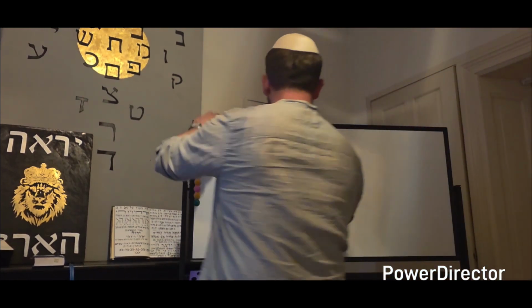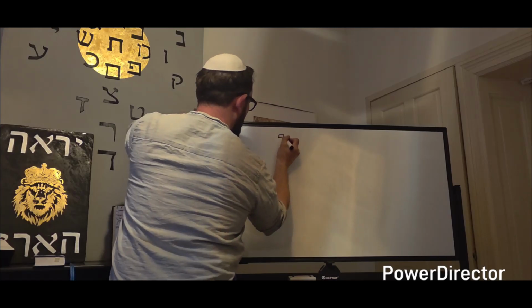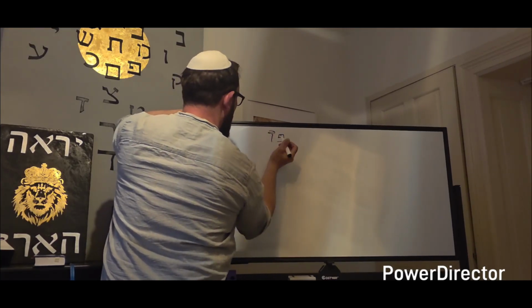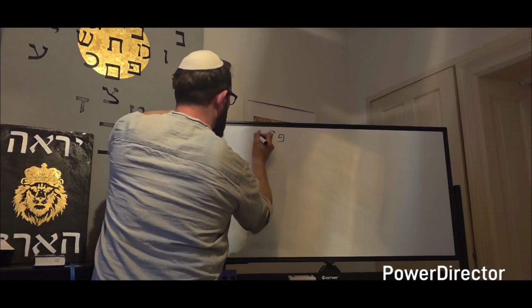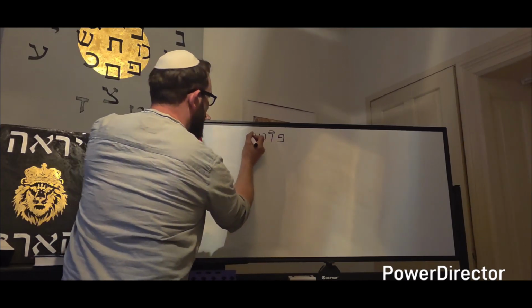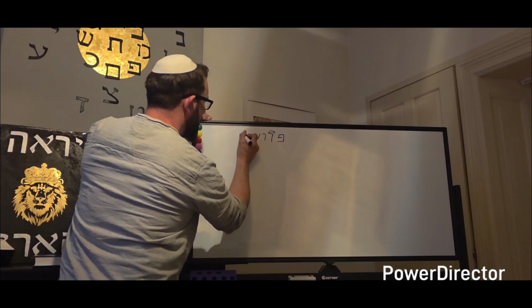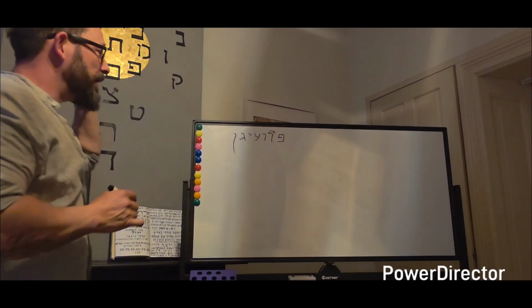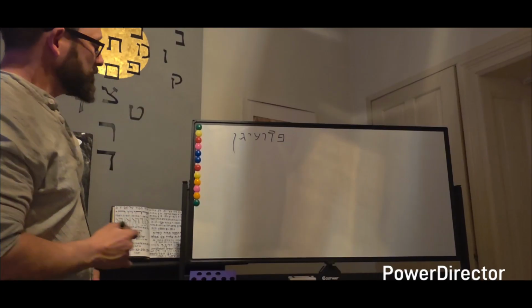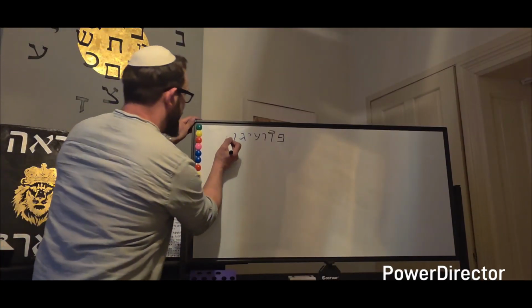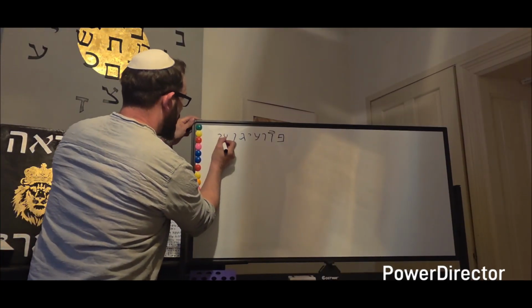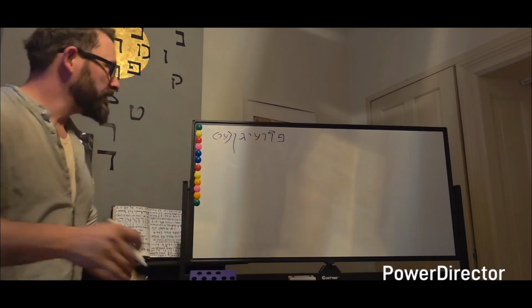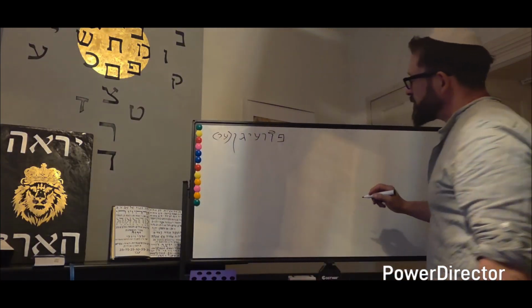So foreign would be a Vav for the F, Vav for the O, Resh for the R, Ein for the E, Yud for the I, Gimel for the G, and a Nun for the N. So you can also say foreigner, you get another Ein Resh, which is Ra if you flip it around, but we have a Ra here already, so we'll keep it at foreign to keep it simple.